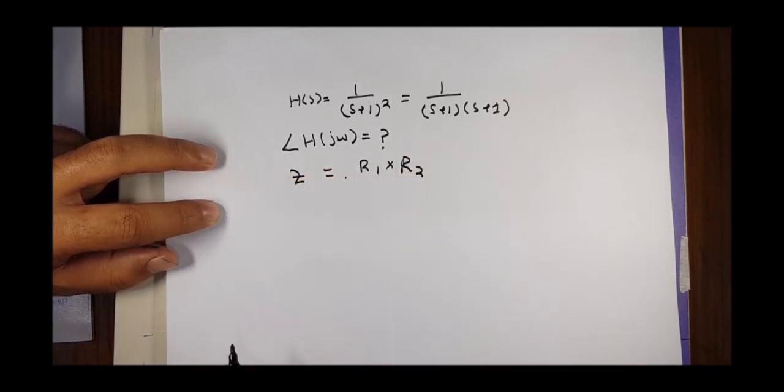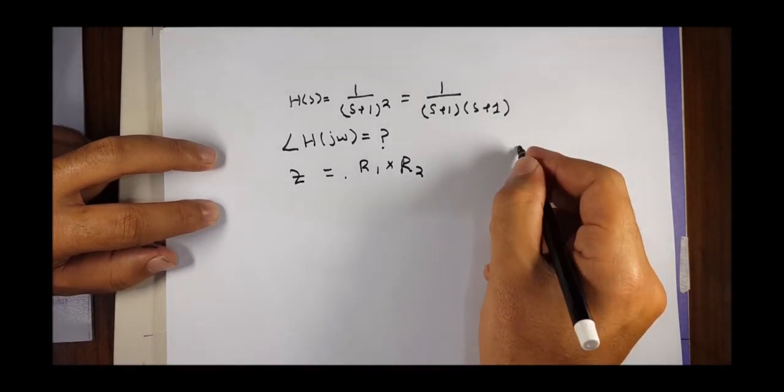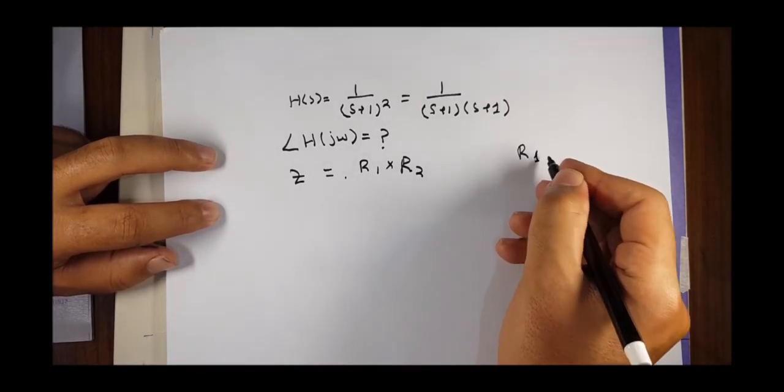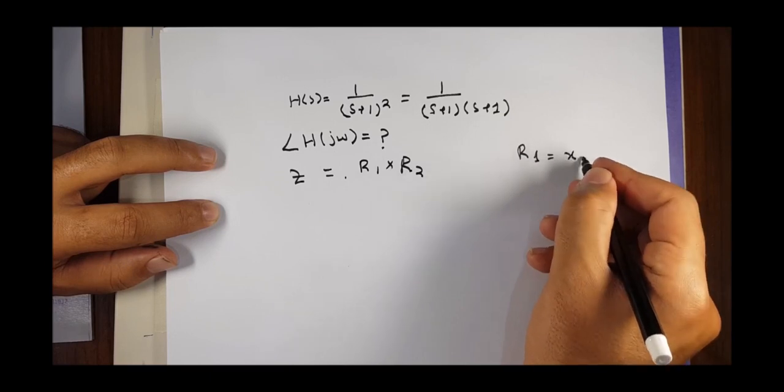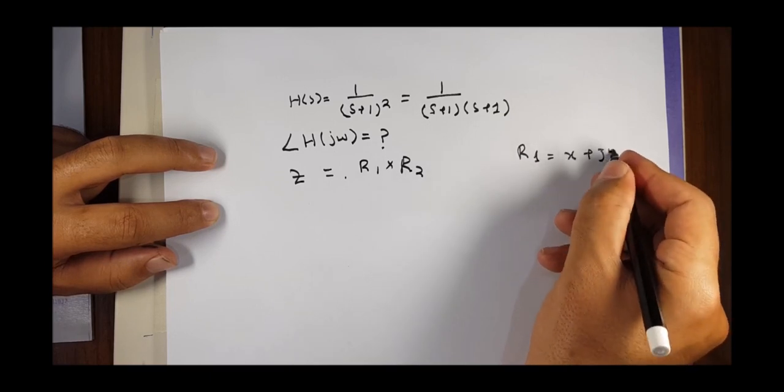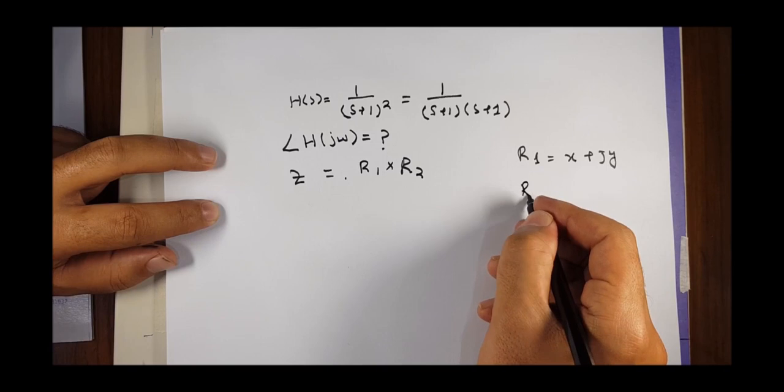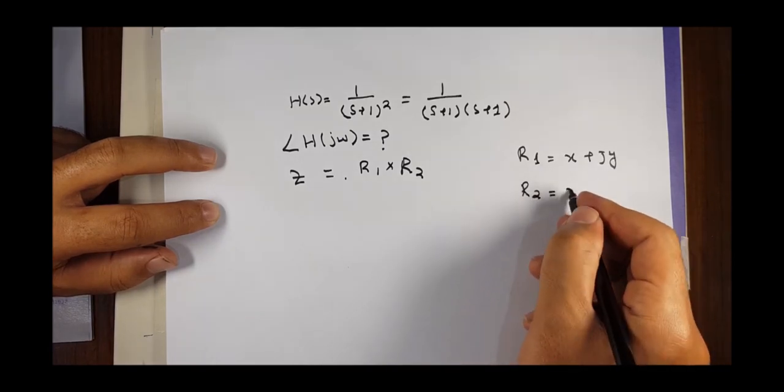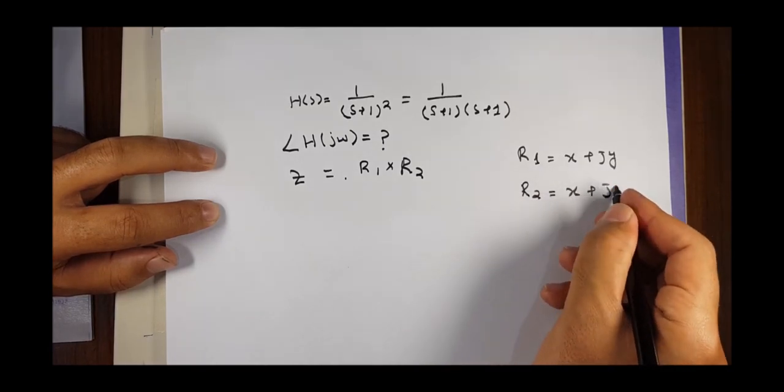Z is equal to r1 times r2, and r1 is a complex number of the form x plus jy, and r2 is also a complex number, x plus jy.